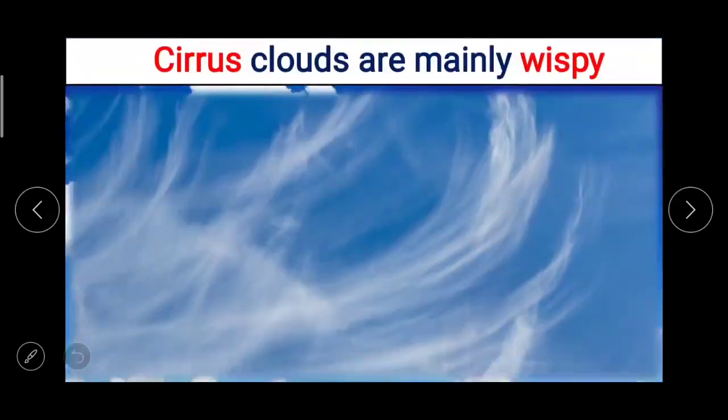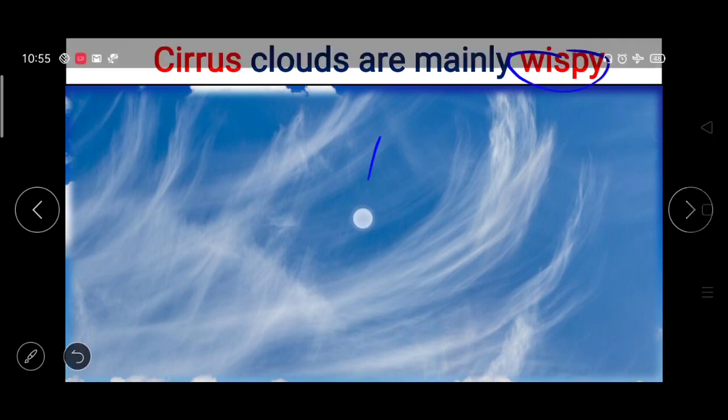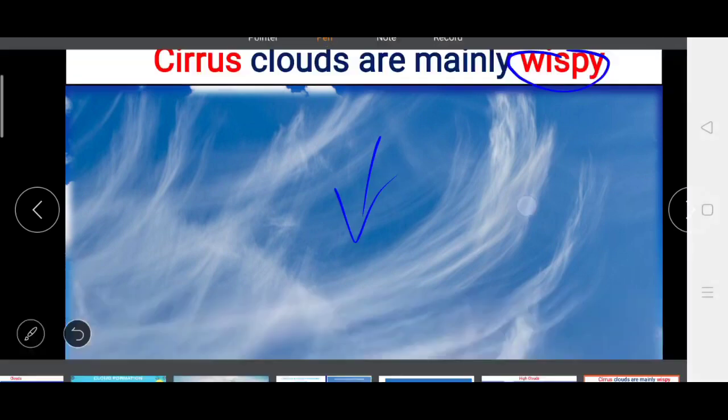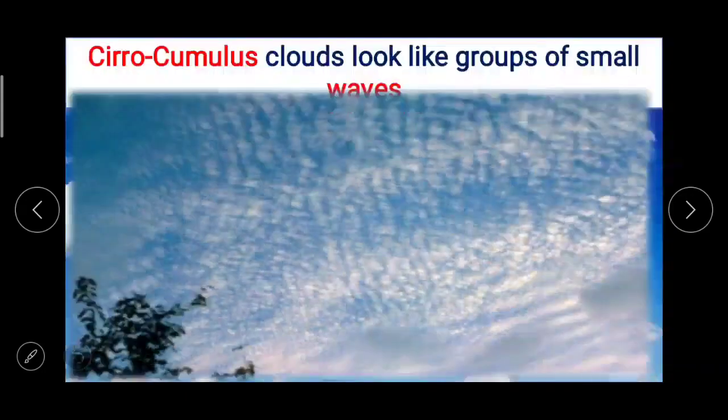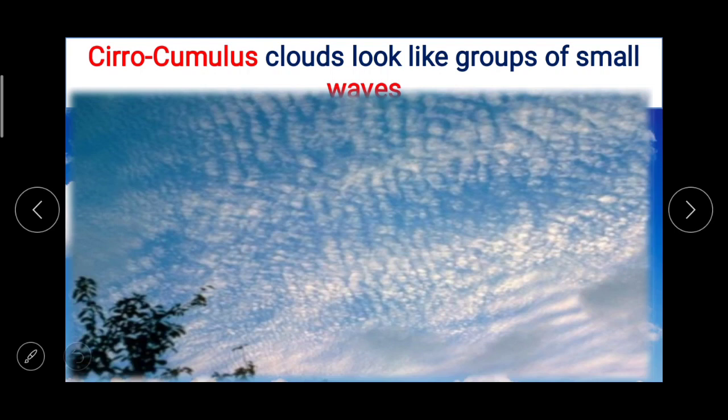Next thing, the first one, cirrus clouds are mainly wispy, like this in the figure you can see. Next one, the cirrocumulus clouds look like group of small waves.